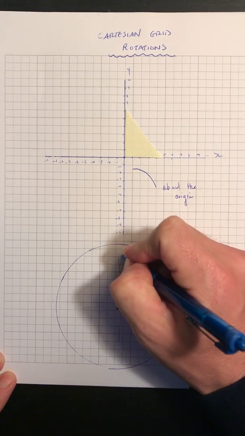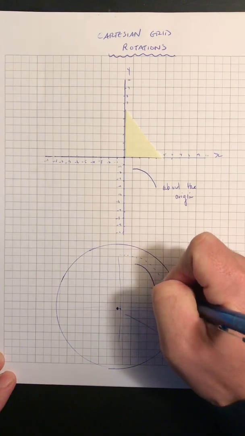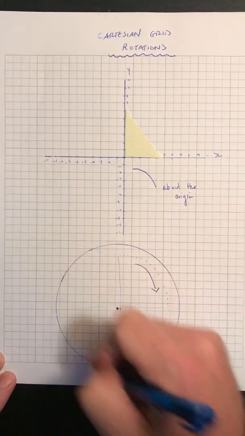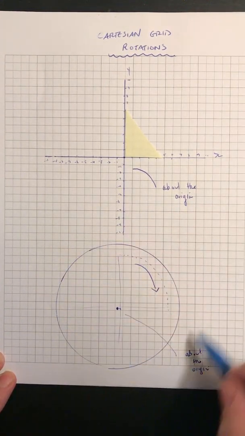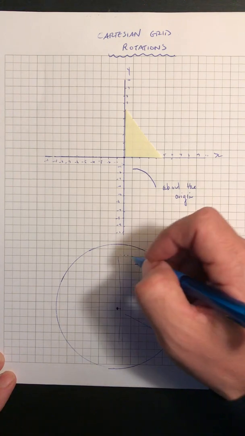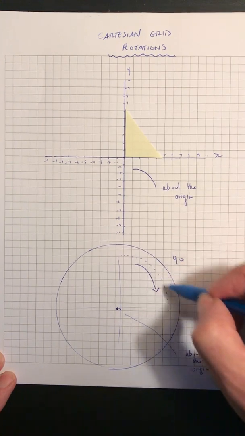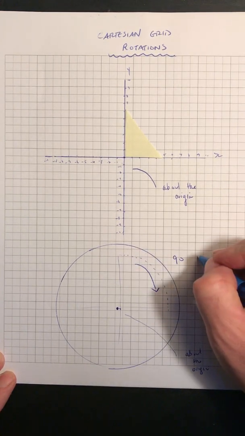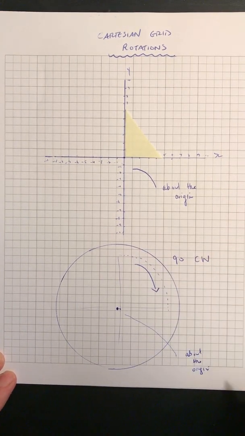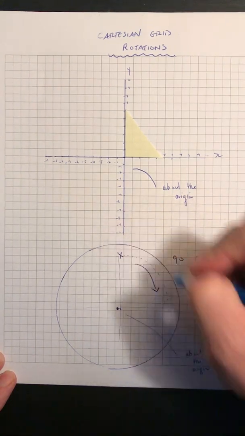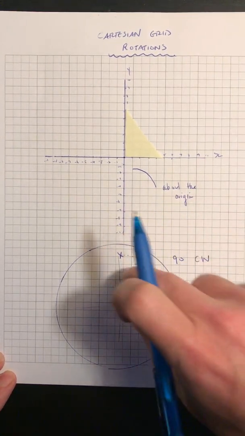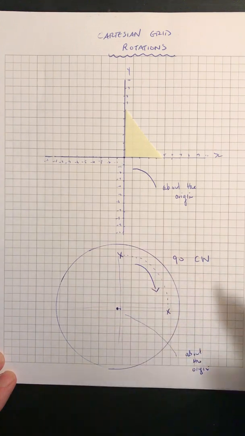We have 360 degrees as a full circle here. So if we were going to move something a quarter of the way, that would be 90 degrees. And if this is going this way, this is a clockwise rotation. So if we went from this point to this point, the shape would be making a 90-degree clockwise rotation.